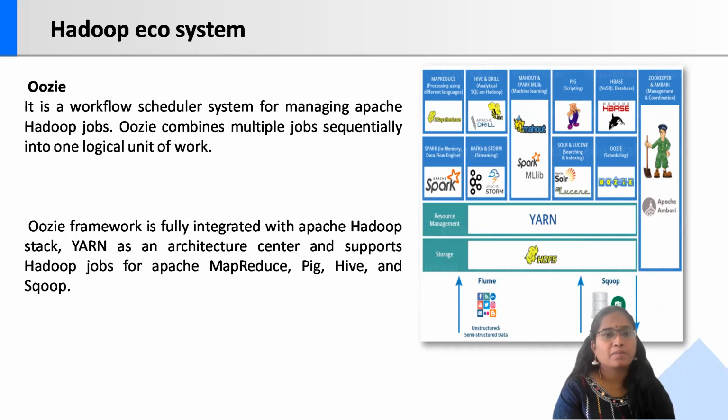The next component is Oozie. It's mainly helpful for doing jobs sequentially. It's integrated with the Hadoop stack, with YARN as the architecture center, and supports Hadoop jobs for the MapReduce process. This is the scheduler system of Apache Hadoop.